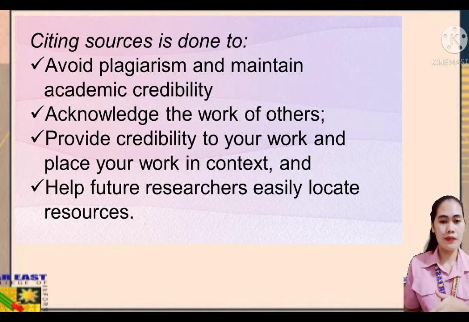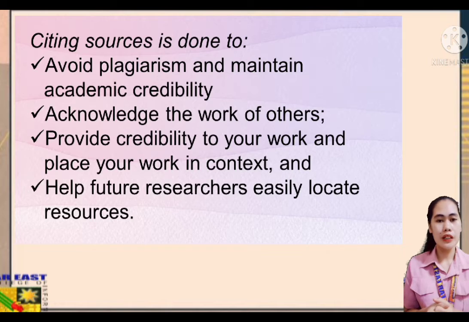So, as what I have said a while ago, we have to give credit to the real author, kung kanino nagmula yung information na kinuha or ginagamit natin. Okay? Next is provide credibility to your work and place your work in context and help future researchers easily locate resources.